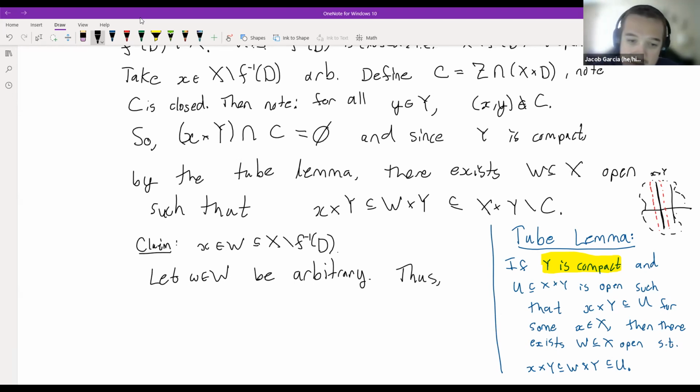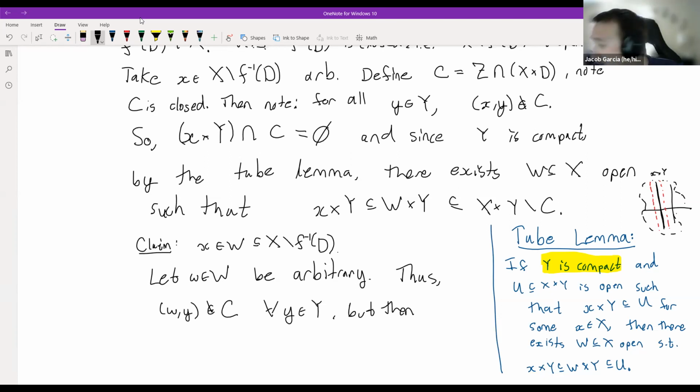Thus, (w, y) is not in D. Or, sorry, if I say not in D, okay, it's not in C, for all y in Y. But this means that f of w is not an element of D.